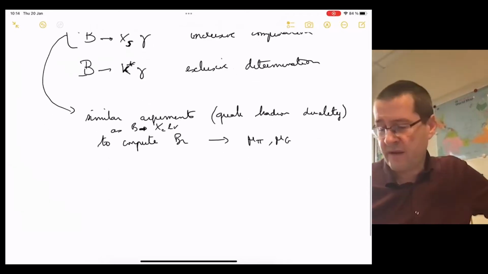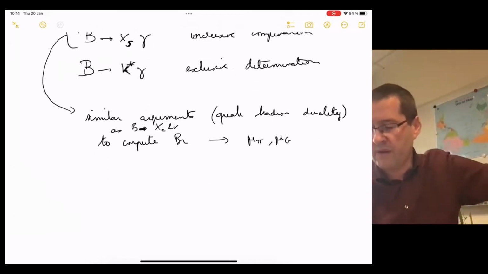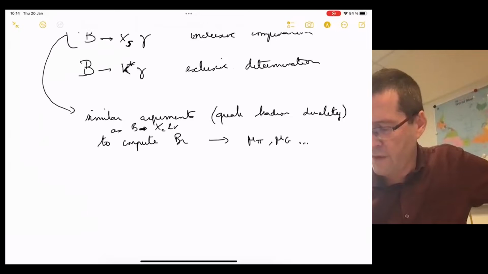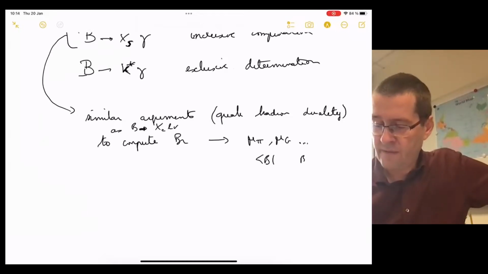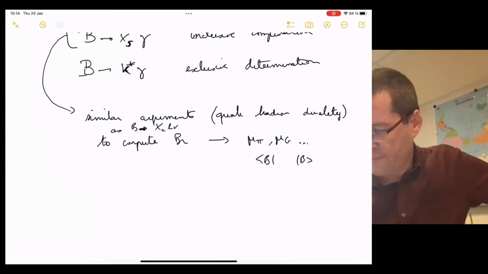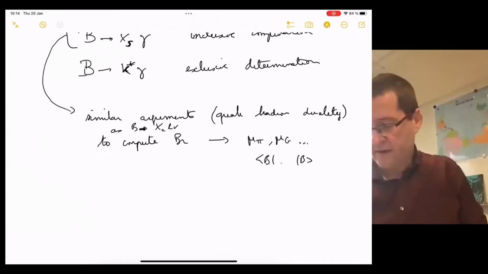And once again, you have those matrix elements like mu pi, mu G, and so on, which are just matrix elements of the B times kinetic operators, derivative operators rather.